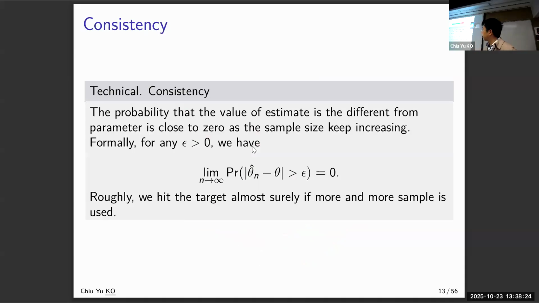And the last one is consistency. It looks fairly complicated, okay? But in general, what it means is if you look at an unbiased estimator and the variance is finite, it simply means that eventually this variance goes to 0. So it's an unbiased estimator, and the variance actually goes to 0.